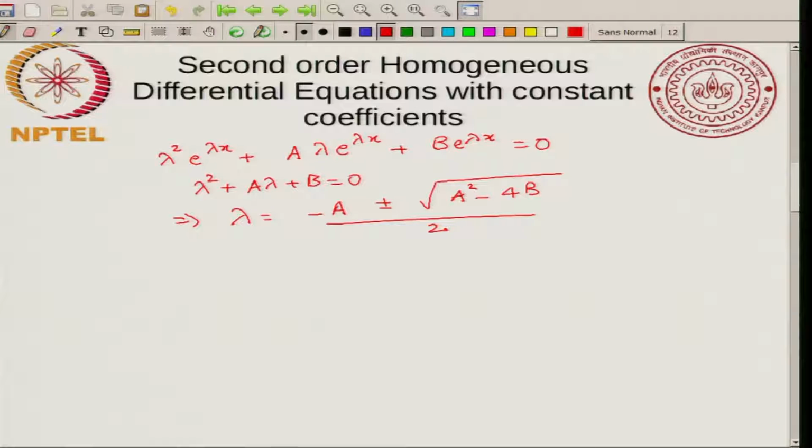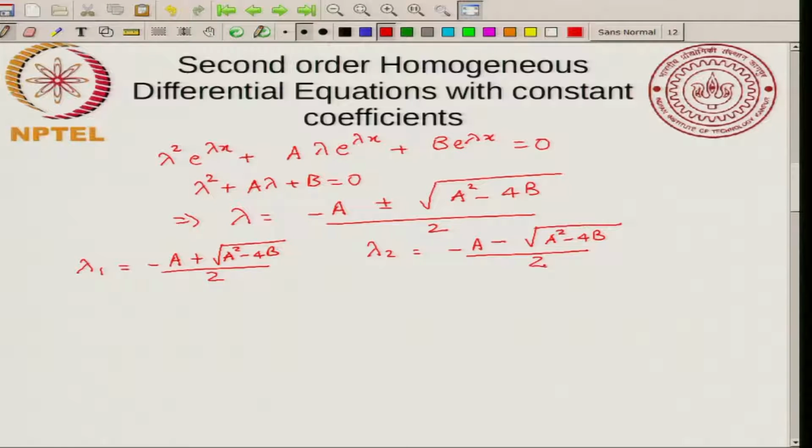I can call lambda 1 as minus a plus square root of a square minus 4b divided by 2, and lambda 2 as minus a minus square root of a square minus 4b by 2. Then I have two solutions: y1 is equal to e to the lambda 1 x and y2 equal to e to the lambda 2 x.